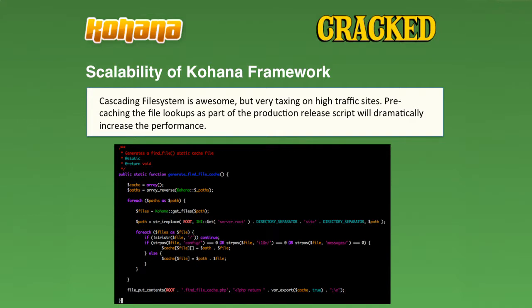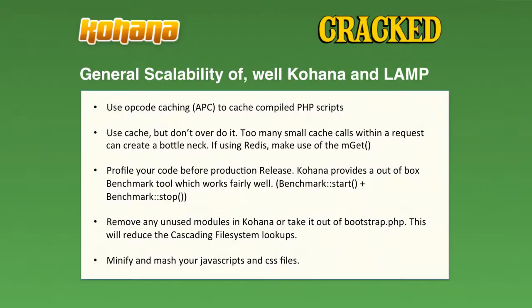If we pre-cache all of these lookups during our production code releases, that won't happen. It only takes a fraction of a second to run, so I highly recommend that if you're going to use Kohana in your production environment, do that. It's a fairly simple method that we implemented called generate find file cache. Basically, this is a re-implementation of what Kohana already has.